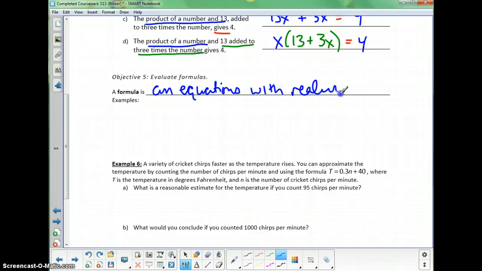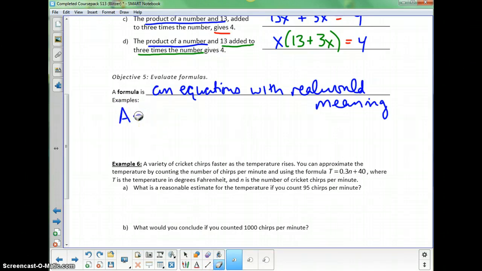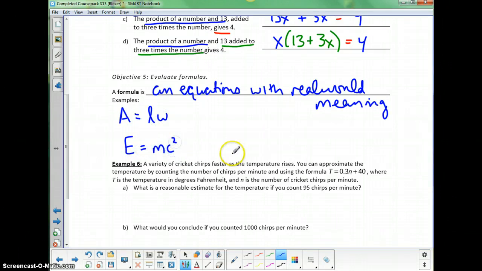For example, an equation might be area equals length times width. This is a formula that has some meaning. A equals LW, or it might be E equals mc squared. It's a formula that has meaning.